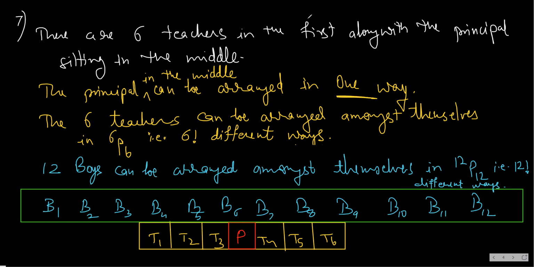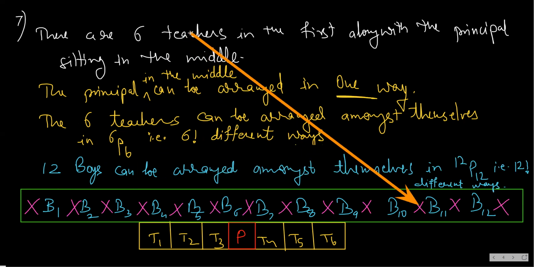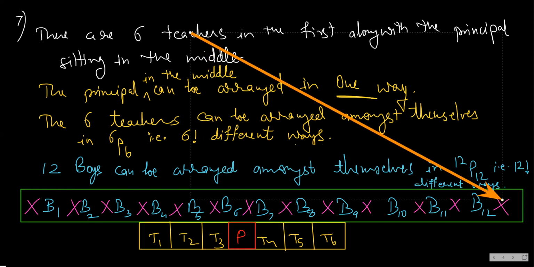Now, see here. Beside these 12 boys, you have got a total of 13 blank places. You can count them: 1, 2, 3, 4, 5, 6, 7, 8, 9, 10, 11, 12, 13. There are 13.